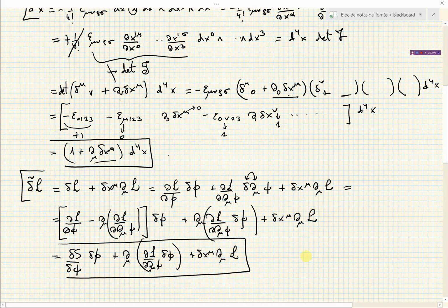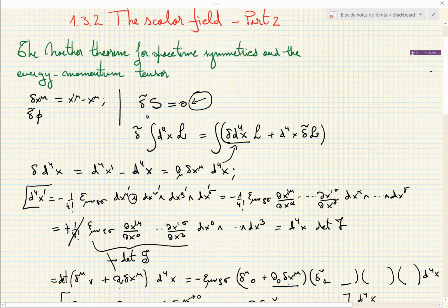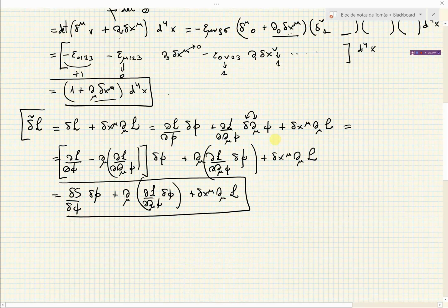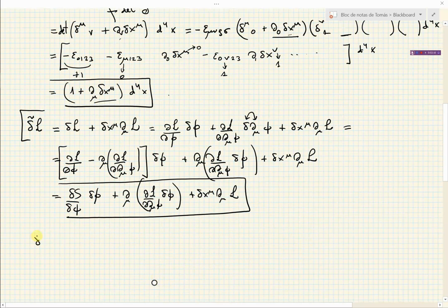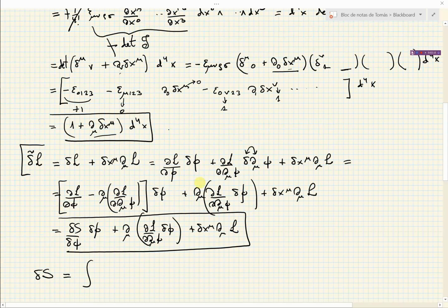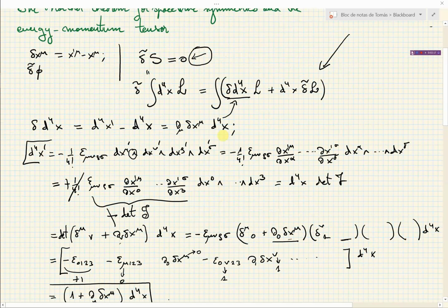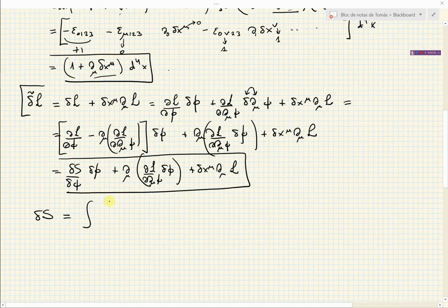Now we plug everything up here in this variation of the action, and we get that δS is, I was using alpha, so this is just d⁴x ∂_μ δx^μ times L. Then this is what comes from the variation of d⁴x.